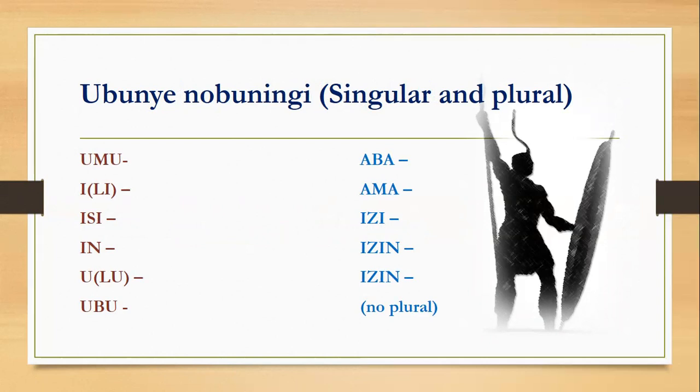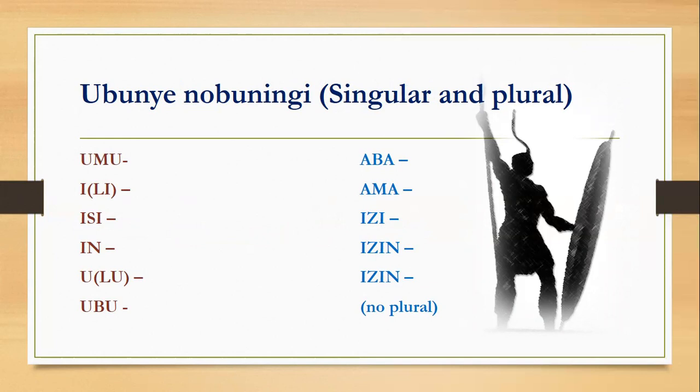And then I would be ama, isi, easy. In for inja would be izin, izinja. U, izin, again, I'm going to talk about that later as well. And then ubu for ubuhle doesn't have a plural.